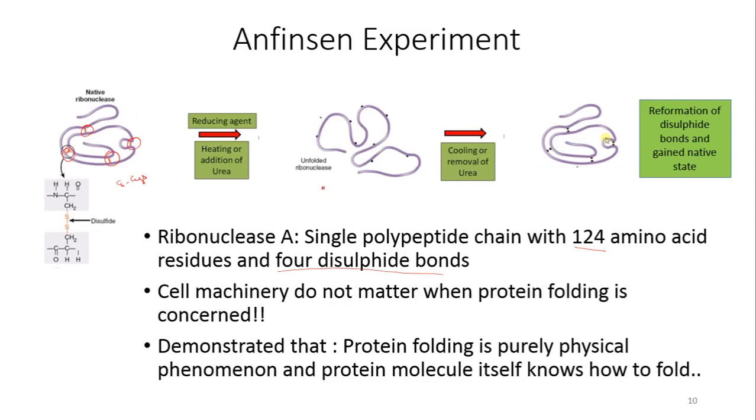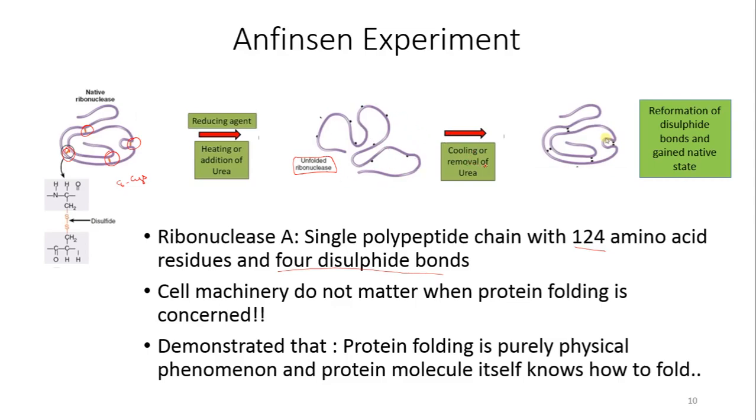It is unable to hydrolyze the single stranded RNA molecule. So we say that when you heat or add urea and reducing agent, you obtain the denatured form of ribonuclease A, or you can also call it the unfolded state of the protein.